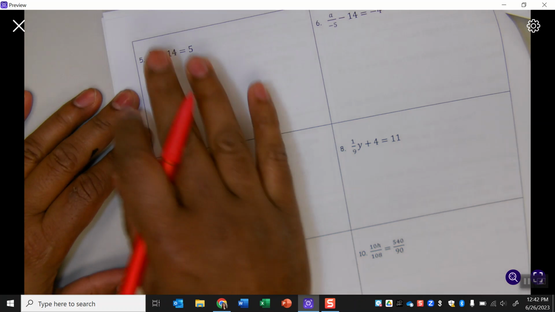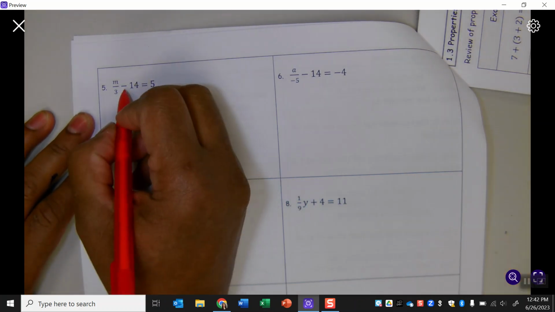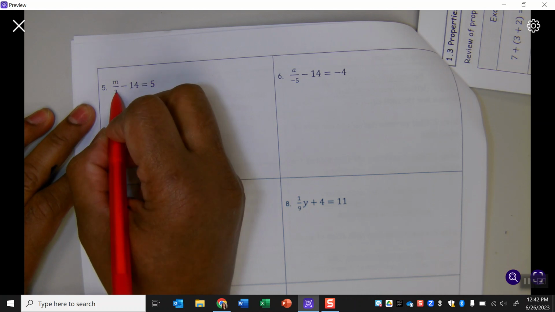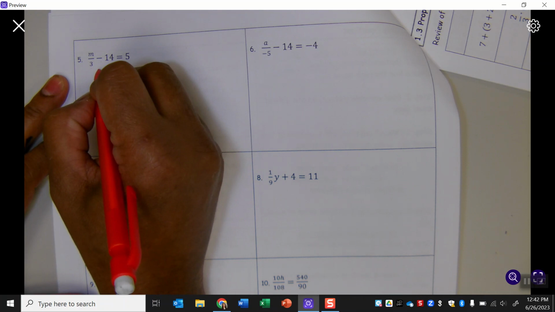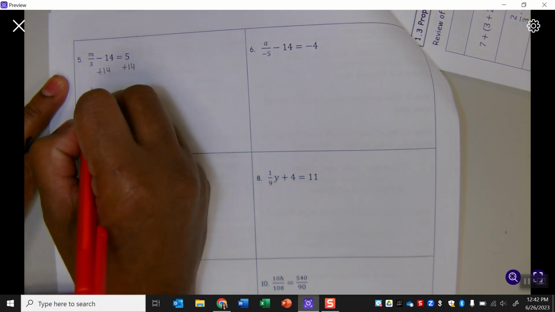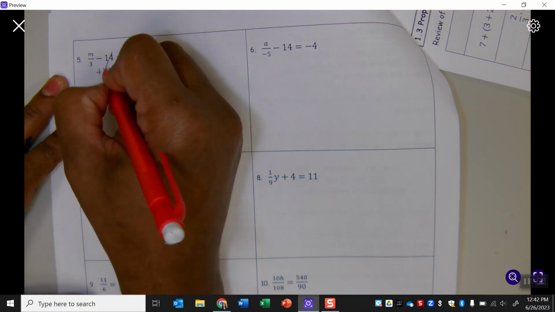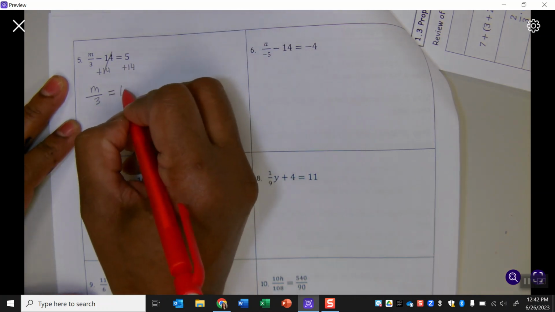So I'll do number 5. You can pause and try number 6. They're similar. Since the variable is here, I'm going to take out the 14 first. Since it's subtracting, I'm going to add 14 on both sides. So that's m over 3, that gets canceled out, equals 5 plus 14, that's 19.